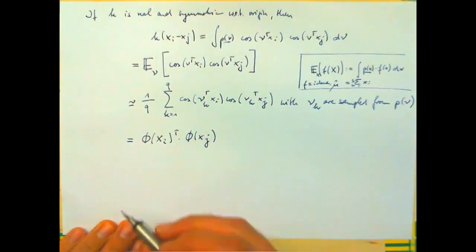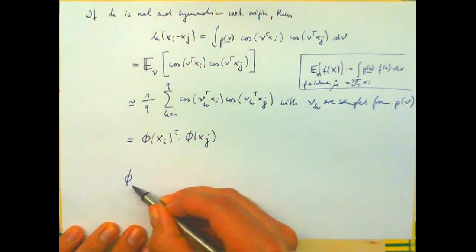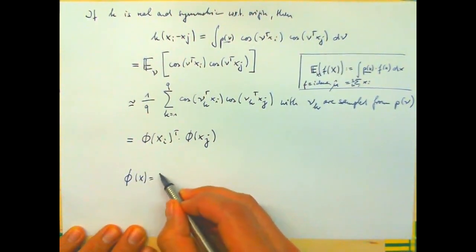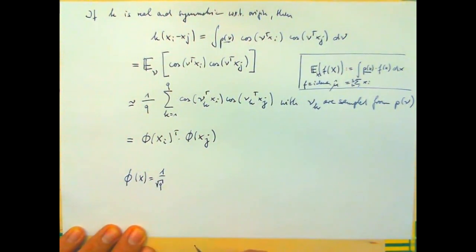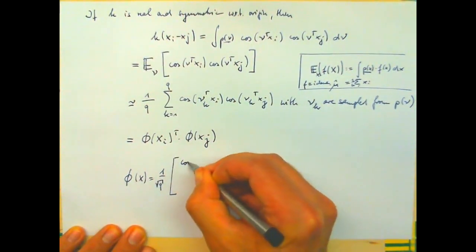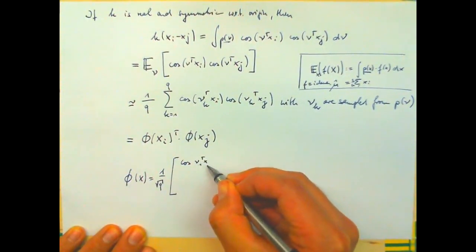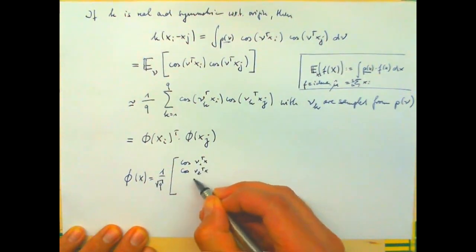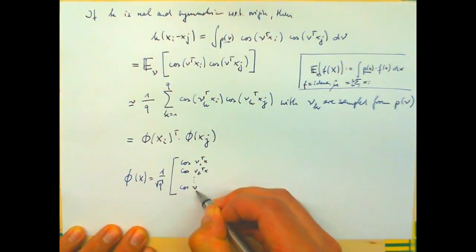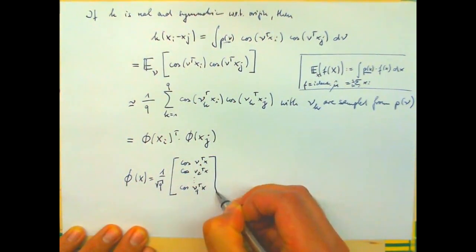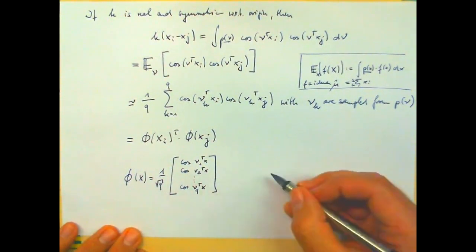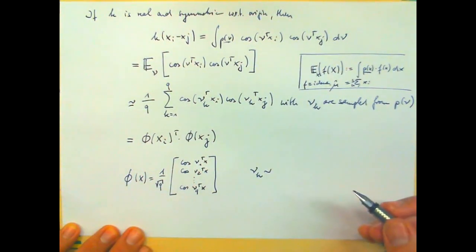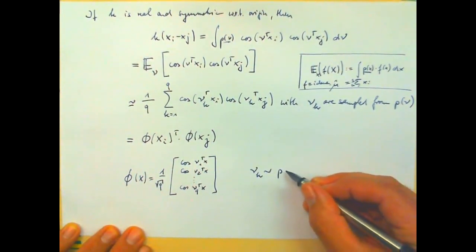And I can write these down explicitly, where again all these nu k are realizations of a random variable that has this density p of nu.